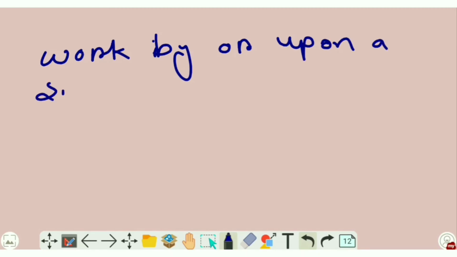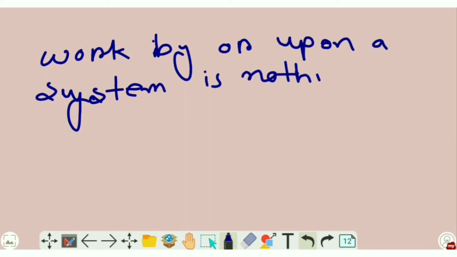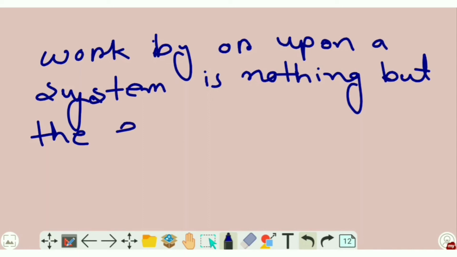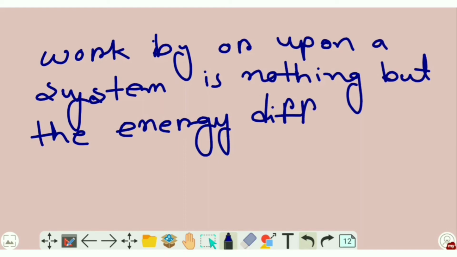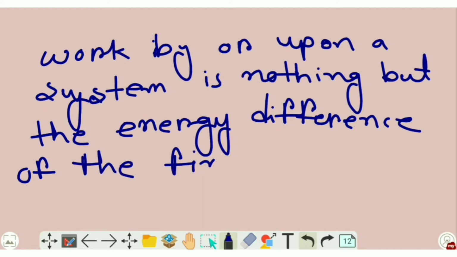Work by or upon a system is nothing but the energy difference of the final and previous state of the system.